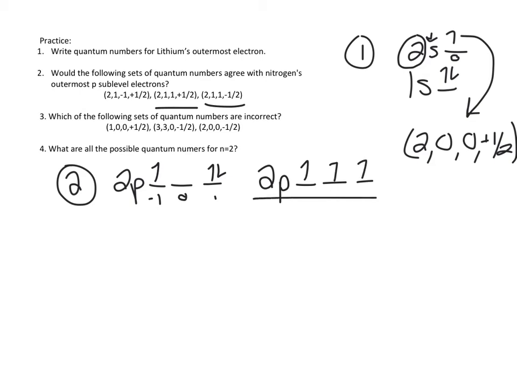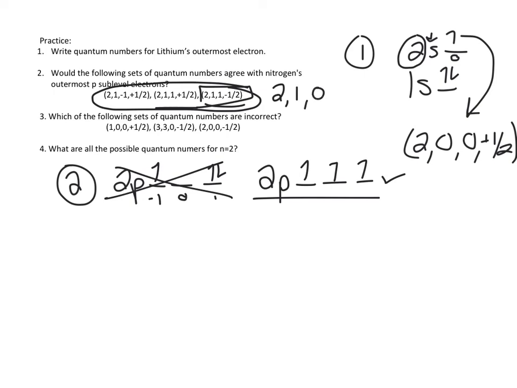So this is obeying Hund's rule. So whoever wrote these quantum numbers out did not obey Hund's rule, so those are not agreeing with nitrogen's outermost p sublevel. It should look like this. So this last set should read 2, 1, 0, plus 1/2. And then it would agree.